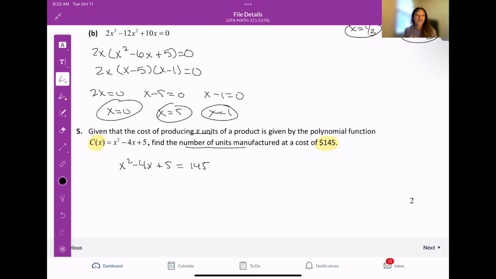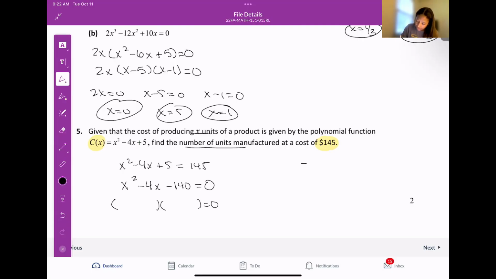If we subtract 145 from both sides to put this in standard form, we get x squared minus 4x minus 140 equals 0. All right, so factoring this, and if you need to come to the side, you can do it.